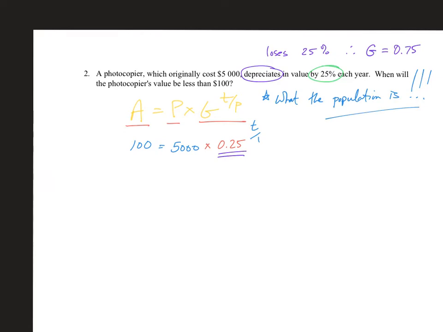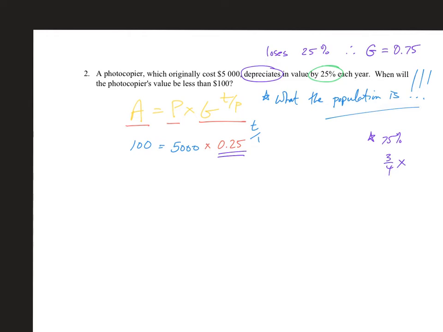That doesn't mean that I am increasing by 75%, but that my population will be 75% of what it was the previous year. Off on the side, I'm just going to note, remember, 75% is your 3/4. And so if every year I'm multiplying by 3/4, my population is decreasing.